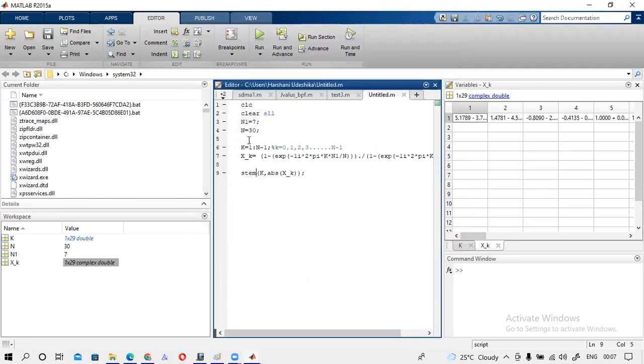And here we didn't plot the k equal to 0 value.